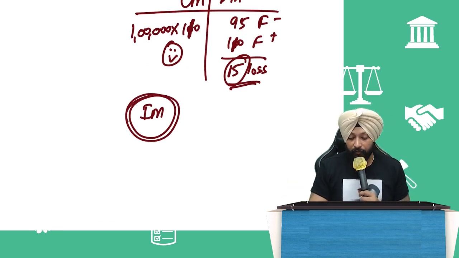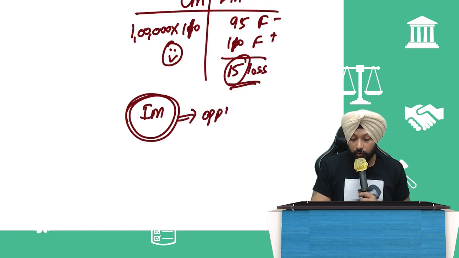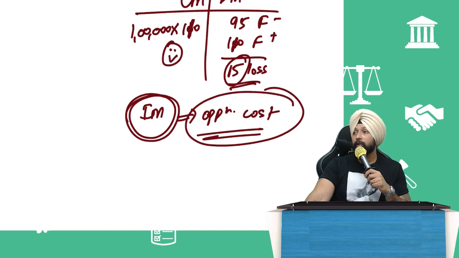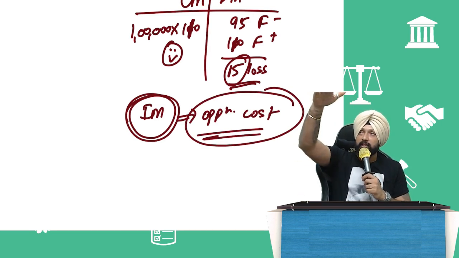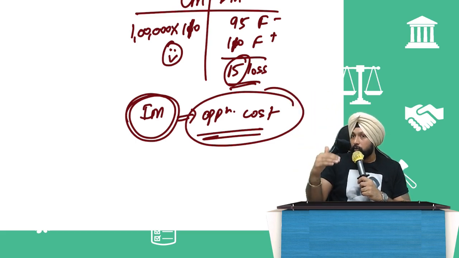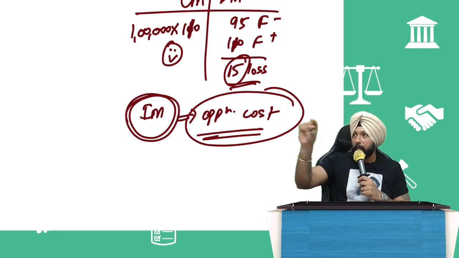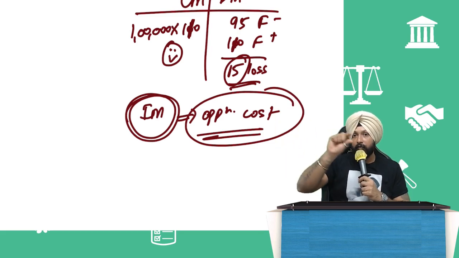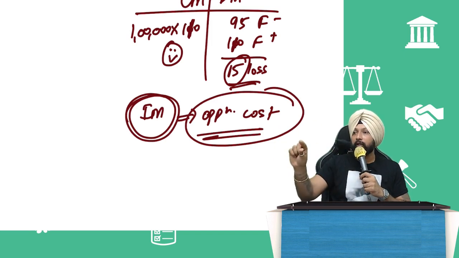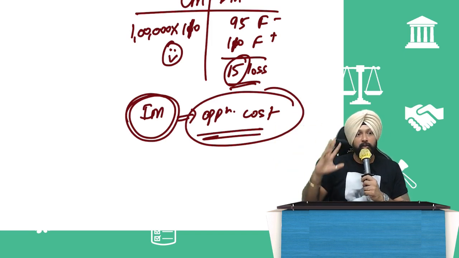If they give you the rate of initial margin, you should calculate opportunity cost of that, because initial margin is to be paid upfront. So initially you decide whether to go long or short on futures. Step 3, you will find out the settlement amount, currency market, profit or loss on derivatives, future market, opportunity cost of initial margin. 3 things you calculate on maturity.